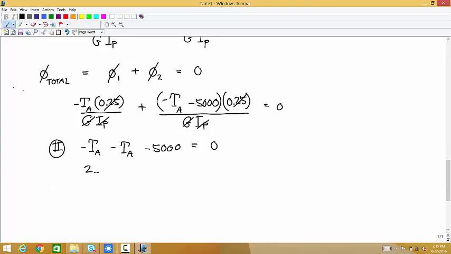So 2TA is equal to negative 5,000. So TA is equal to negative 2,500.